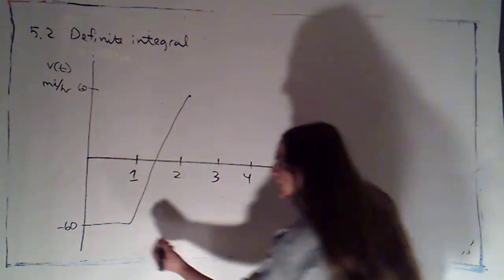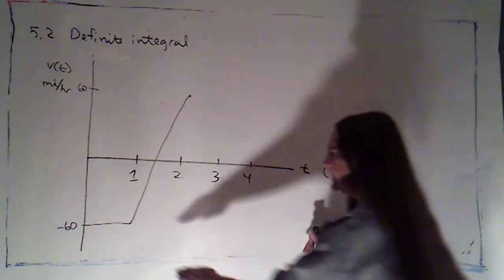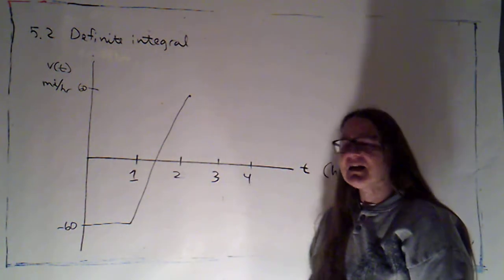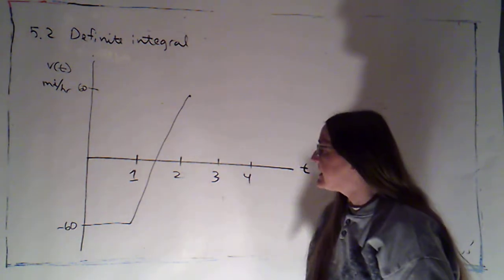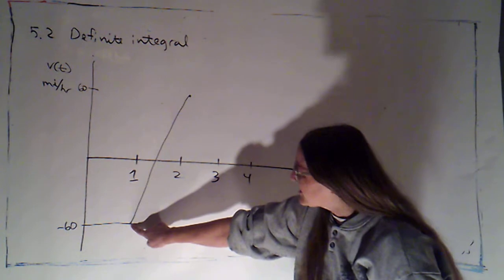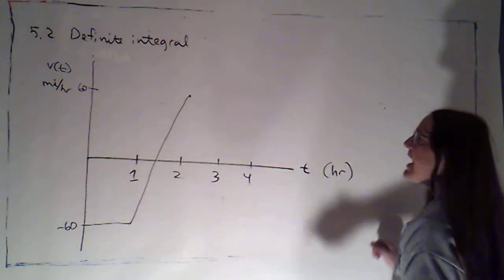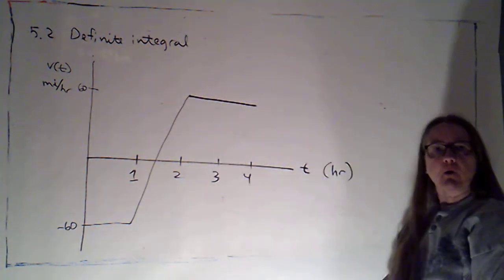Now, realistically, I wouldn't have a sharp corner right here. Realistically, this would be rounded, because I know that velocity is a continuous and differentiable function, since the derivative would be the acceleration. I'm just going to exaggerate this and let it be a sharp corner right here. And then let's suppose that for the next 2 hours we went at 60 miles per hour.